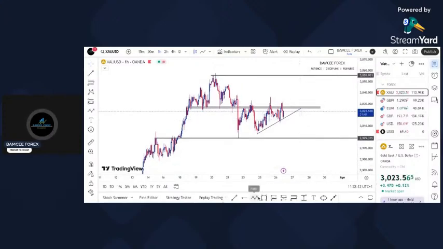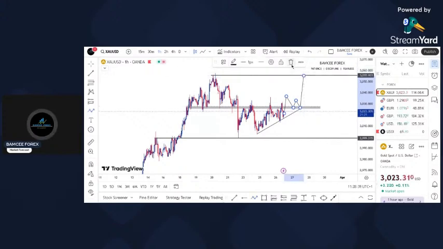If I want to trade this kind of market condition, what I should be looking for is for price to take out this resistance and come back for a retest and make it a support.